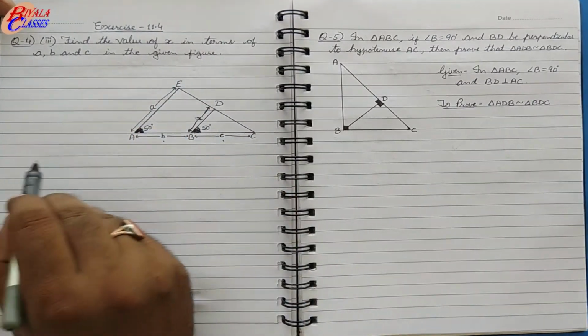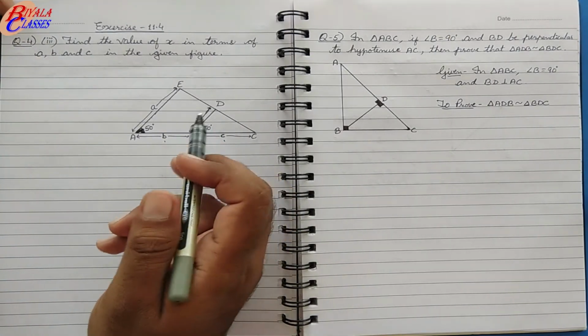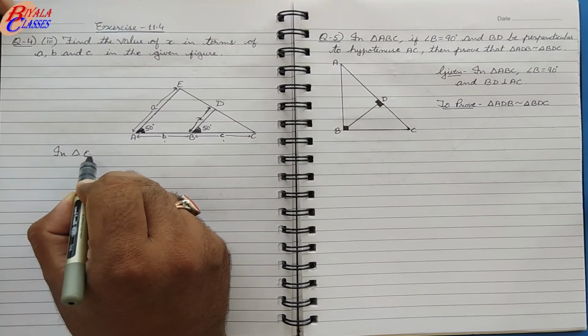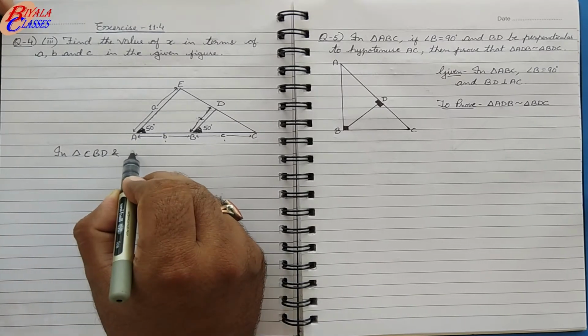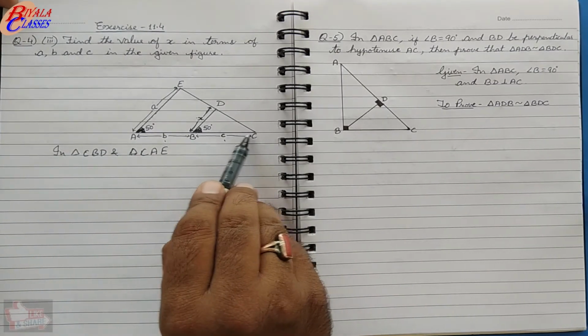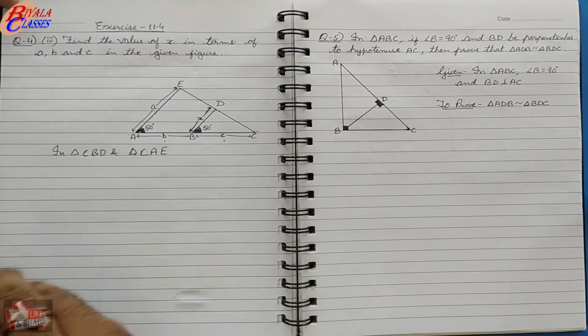So here we are having two triangles. Let us take the triangles CBD and CAE. This is one triangle which we are taking, CBD, and the other triangle is CAE.